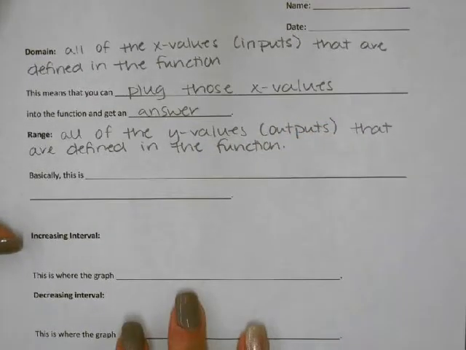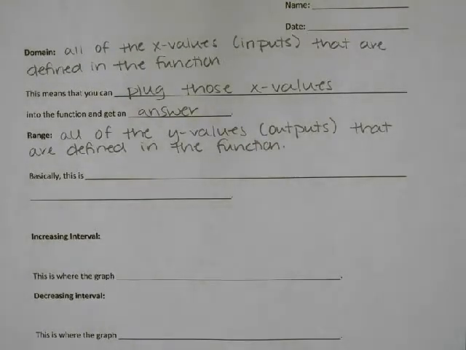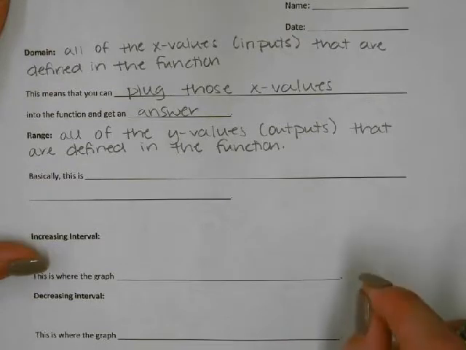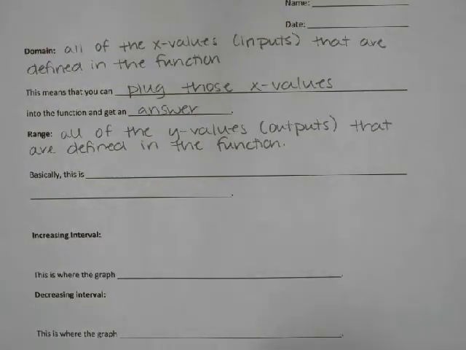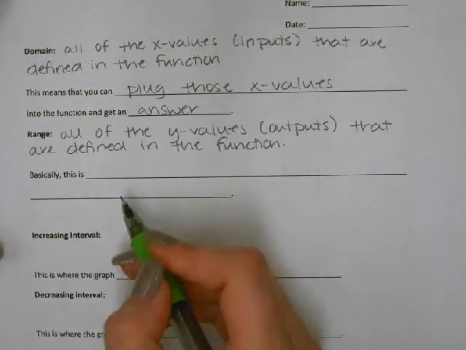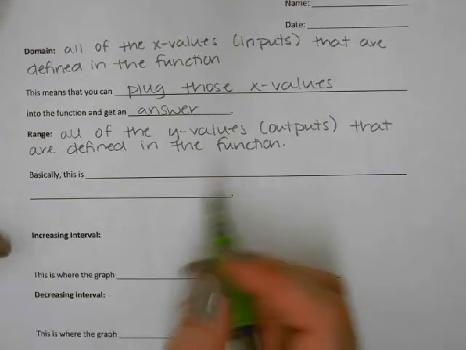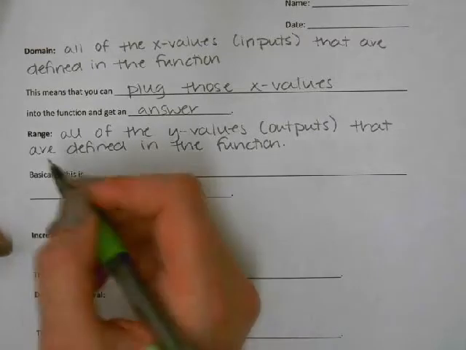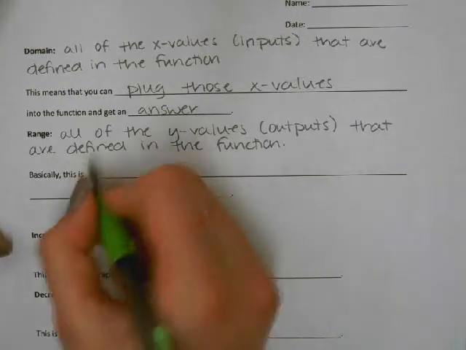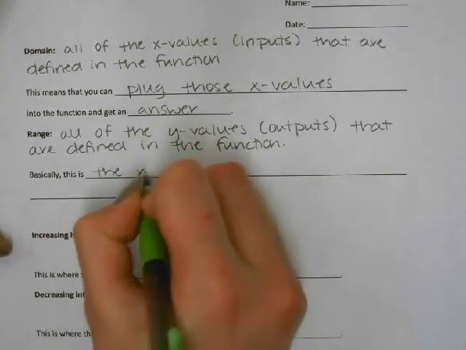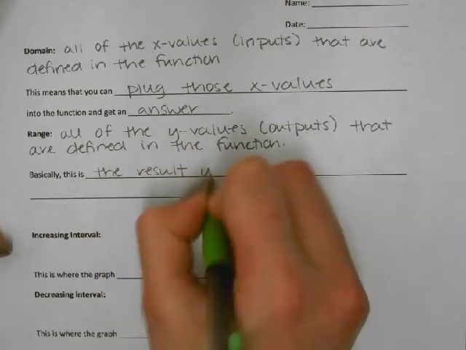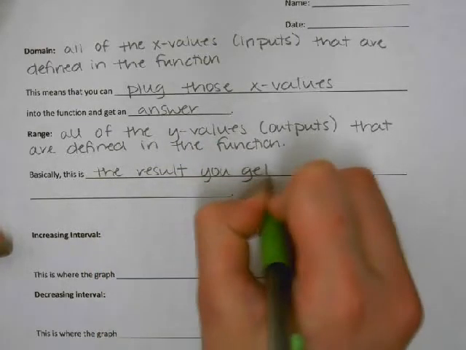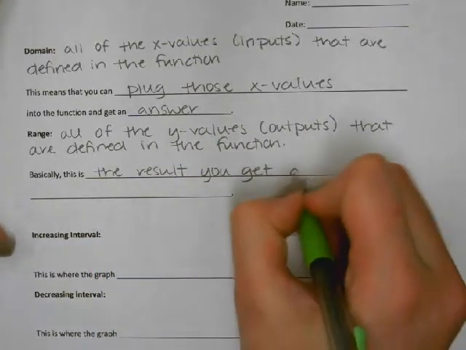And so basically, these are all dependent on whatever number you plugged in. So basically this means these are the resulting numbers that you get. These are the y values you get after you plug all these x values in that were allowed. So basically this is the result you get after you plug the x values in.